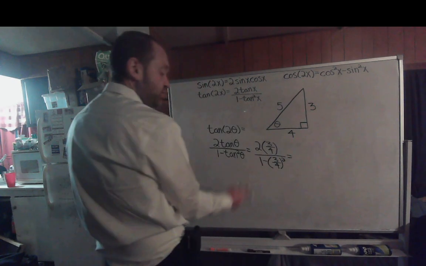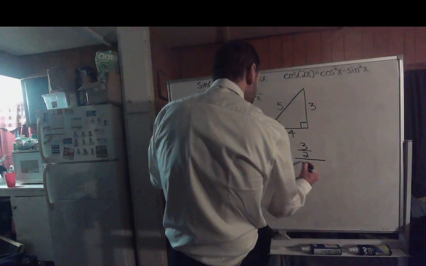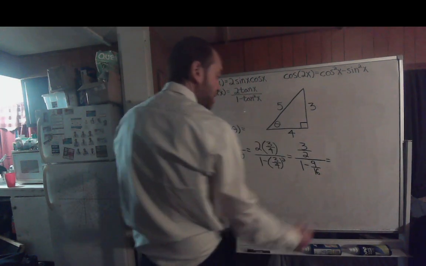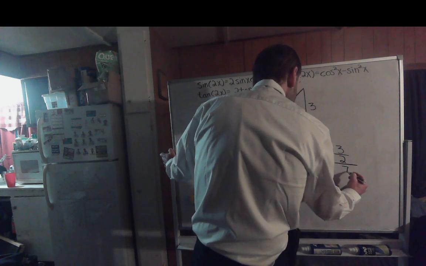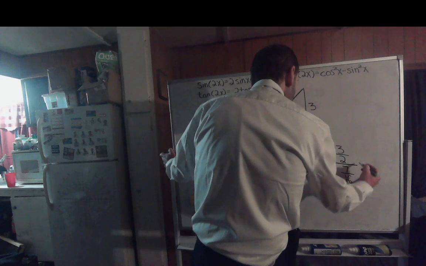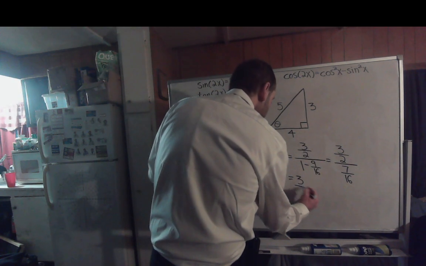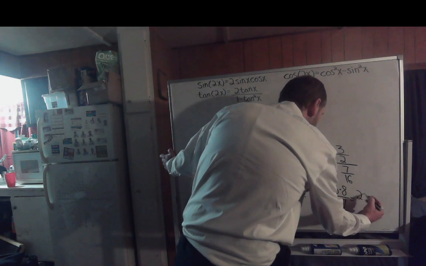So let's simplify the numerator and denominator. You would end up getting 3/2 all over 1 minus 9/16, which would end up giving you 3/2 all over 7/16, which, since you have a complex fraction, let's go ahead and invert and multiply. This would be the same as 3/2 times 16/7, which would turn into 3 times 8 all over 7, so you should end up getting 24/7.